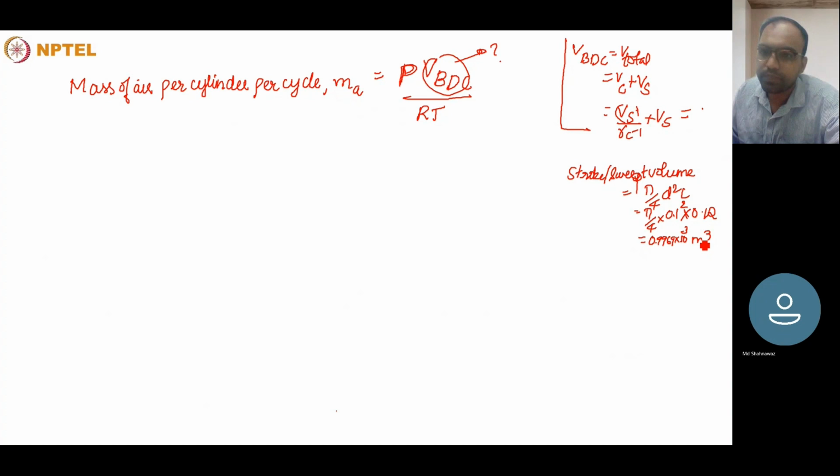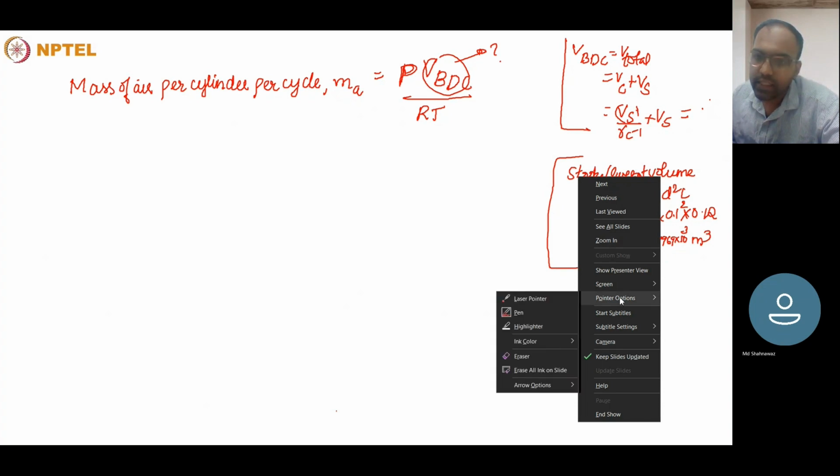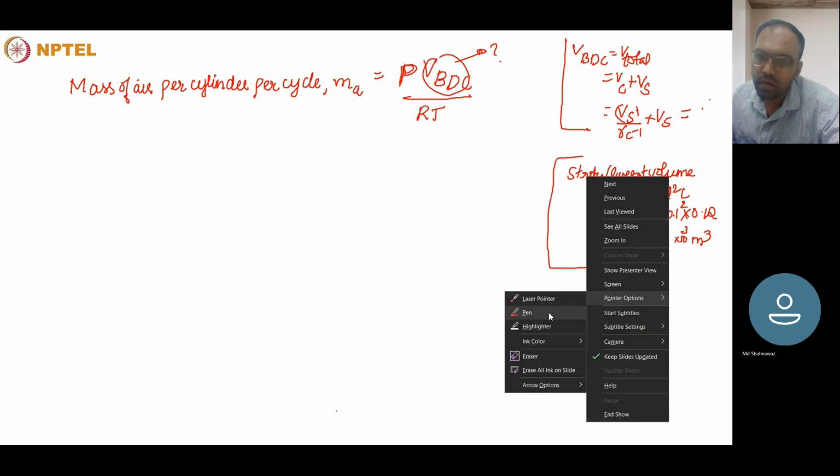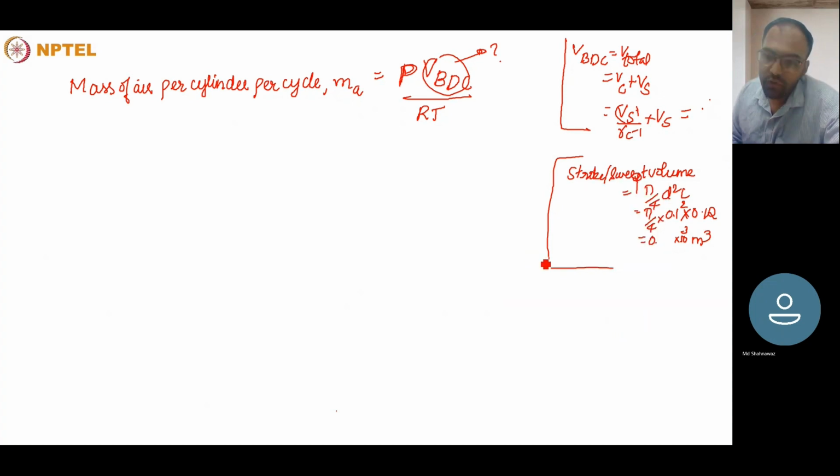So substituting this value, I beg your pardon, there is a slight correction in the value of the swept volume. It will be coming around 0.9424 into 10 power minus 3 meter cube.